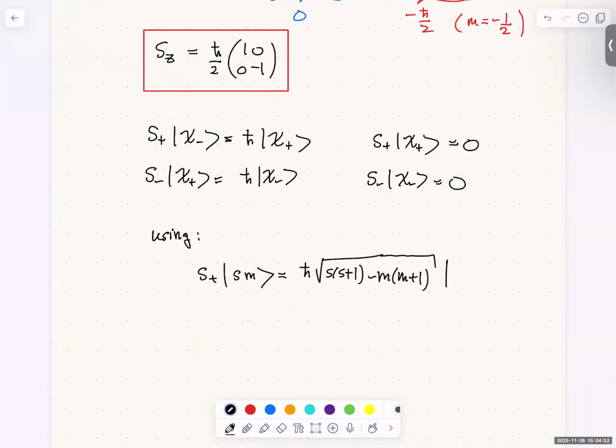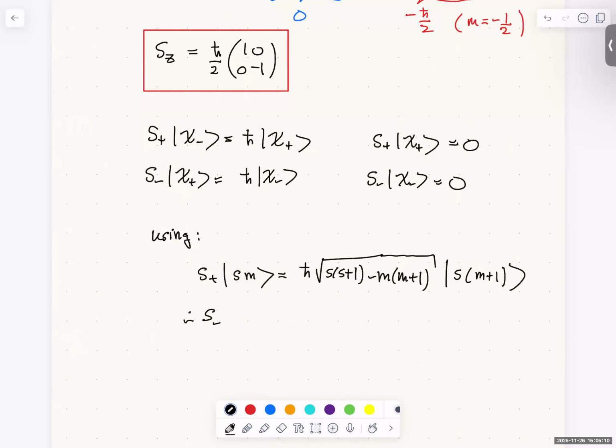Okay, so this is going to take us to S and M plus 1. This is what we did right near the start of the class. So I want to take a particular example.